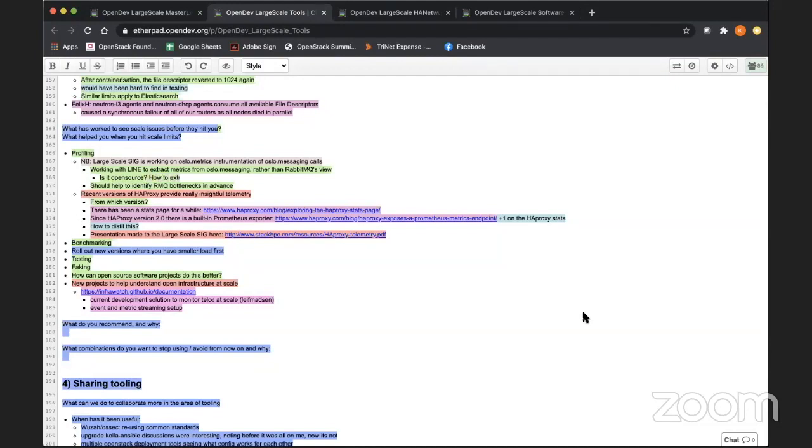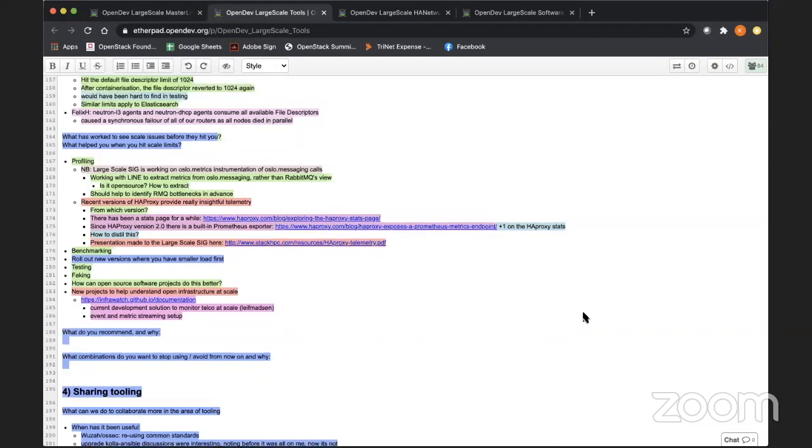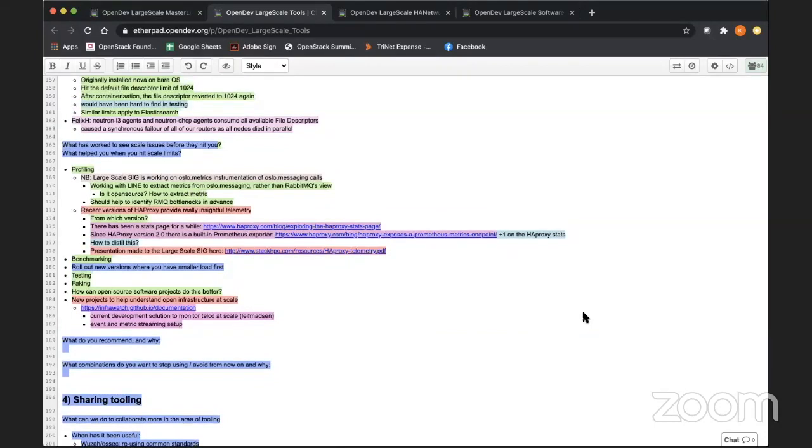Are there any examples of specific issues that have been found through this new instrumentation that couldn't have been found through the RabbitMQ metrics? I think Masahito will be here in the next session, and will be able to comment on that better than I do, based on their usage of the tool.